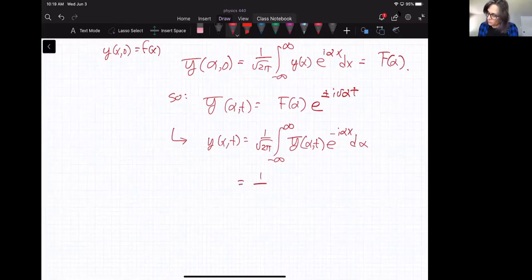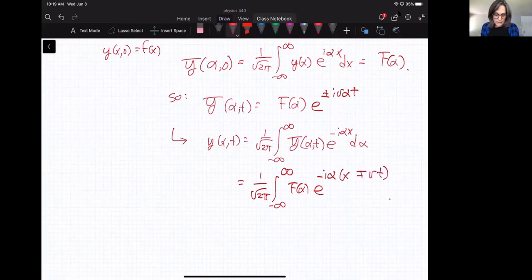And this becomes 1 over root 2 pi times the integral from minus infinity to infinity of f of alpha e to the minus I alpha x minus or plus v t. In other words, we can't do anything more until we know what f of x is, but what we have shown is that y is now a function of x plus or minus vt. In other words, an outgoing wave and an incoming wave. If we know what f of x is, then we've solved the problem.